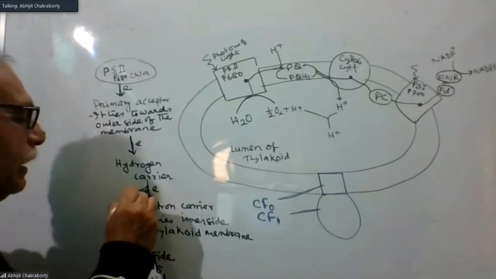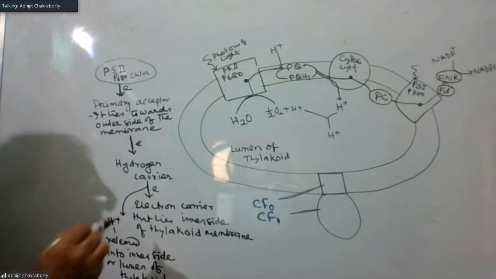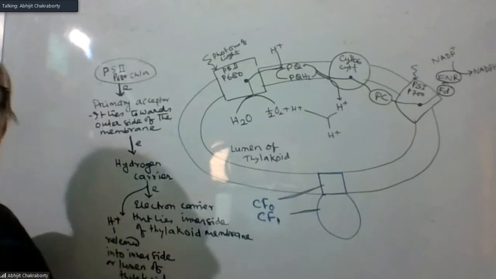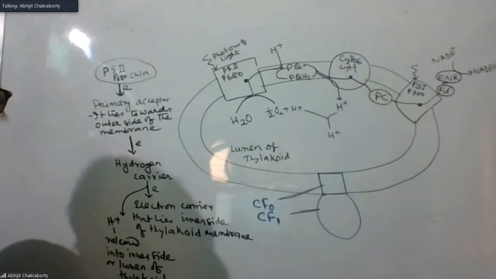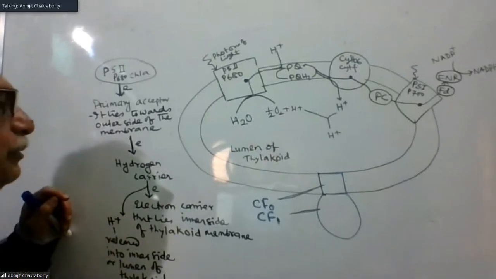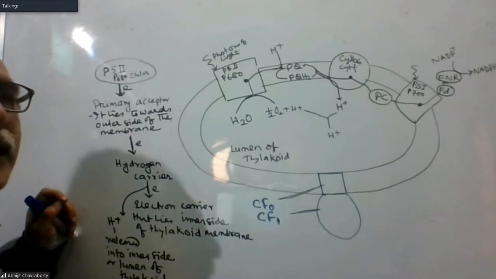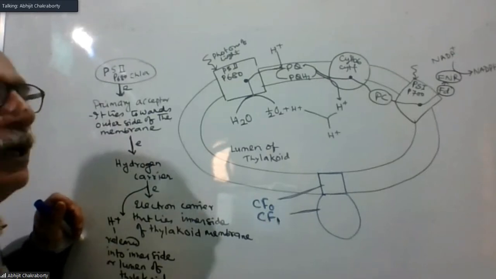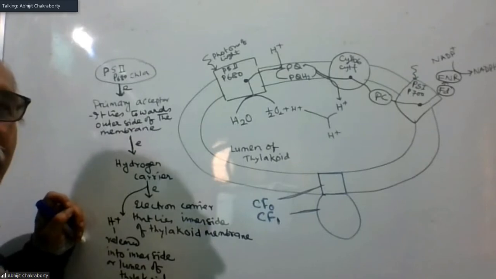So the hydrogen carrier, while carrying electron, carries proton also, which is taken from the stroma and then drained into the lumen of thylakoid. So this is how concentration of proton increases in the grana. Clear?